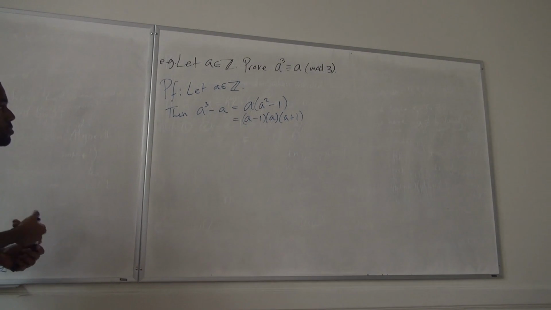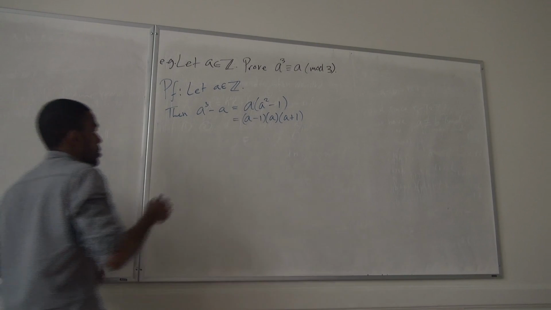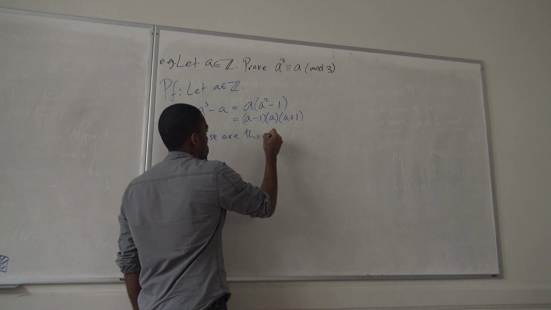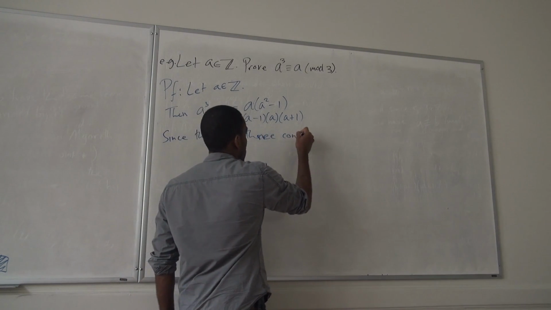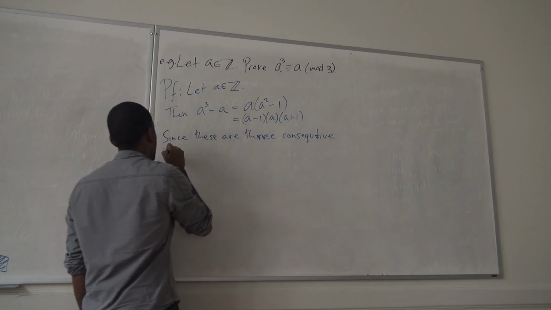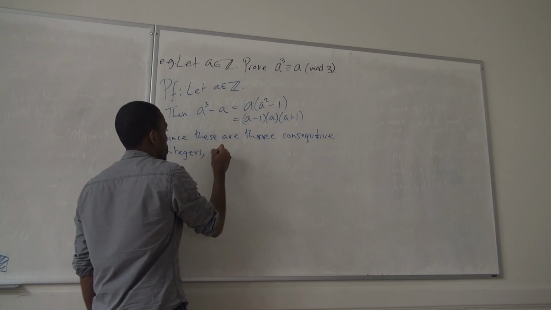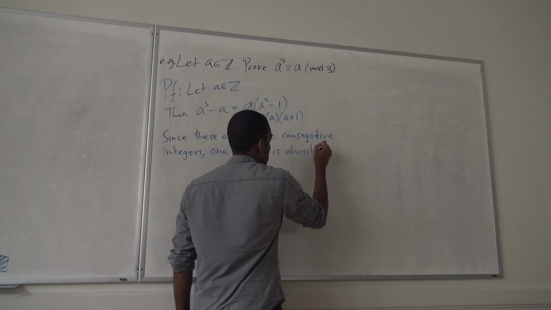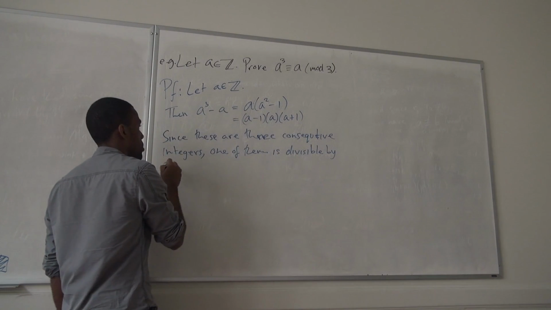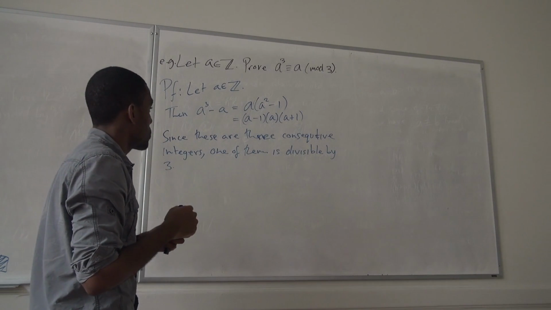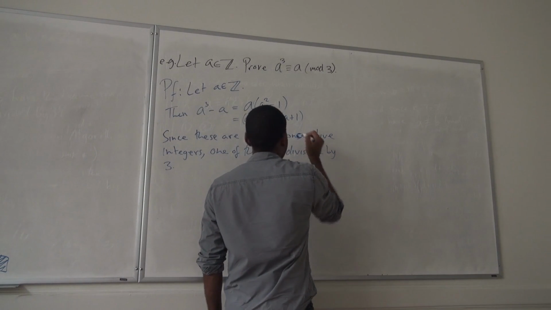And now what's your argument? One of those numbers is going to be 0 mod 3, since these are 3 consecutive integers, and one of them is divisible by 3. Hmm, something's not right.